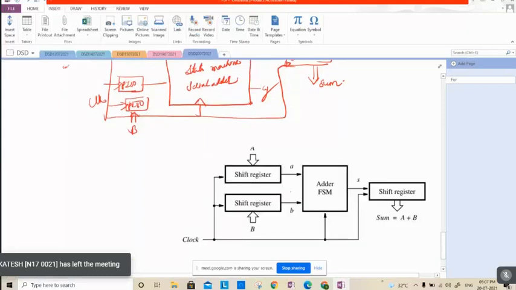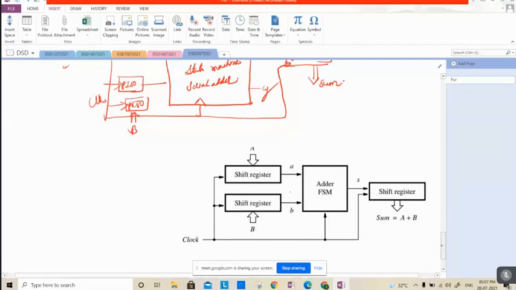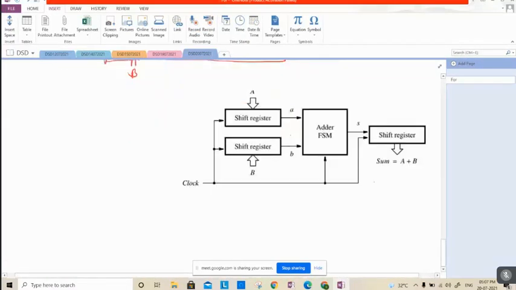See this. This is the one which is given in the textbook. This is a parallel in serial out shift register, and this is also a parallel in serial out shift register. Adder finite state machine, and this is a shift register. It can be either serial in serial out or serial in parallel out.